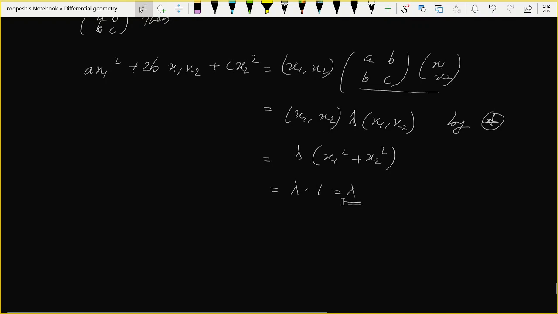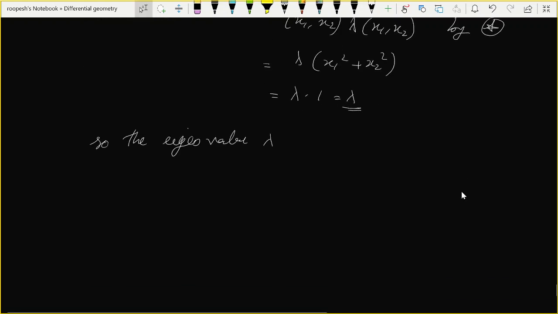So the eigenvalue lambda is g of p, where p equals x1 x2.